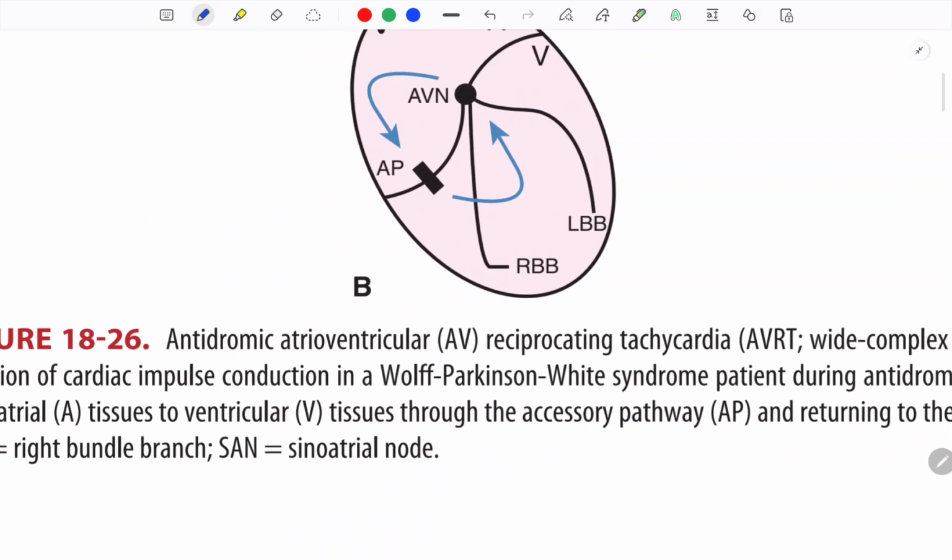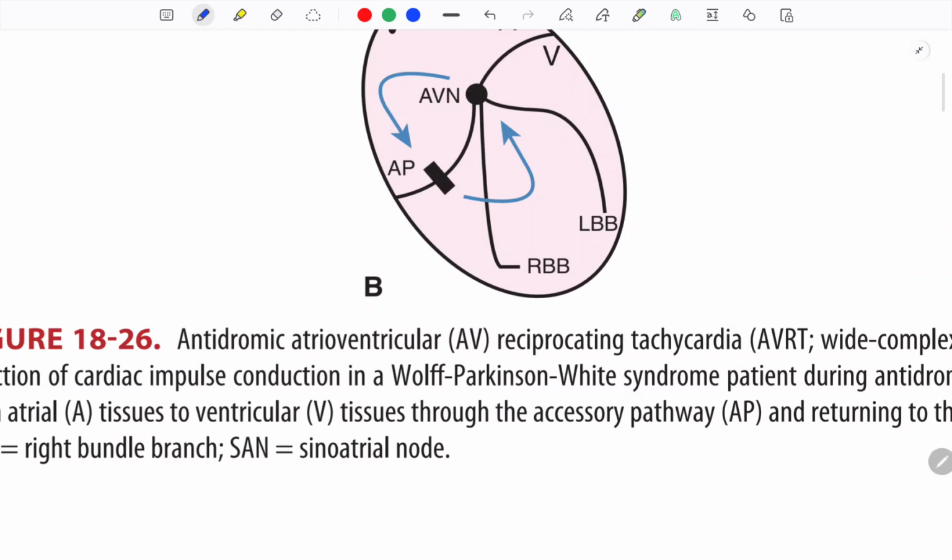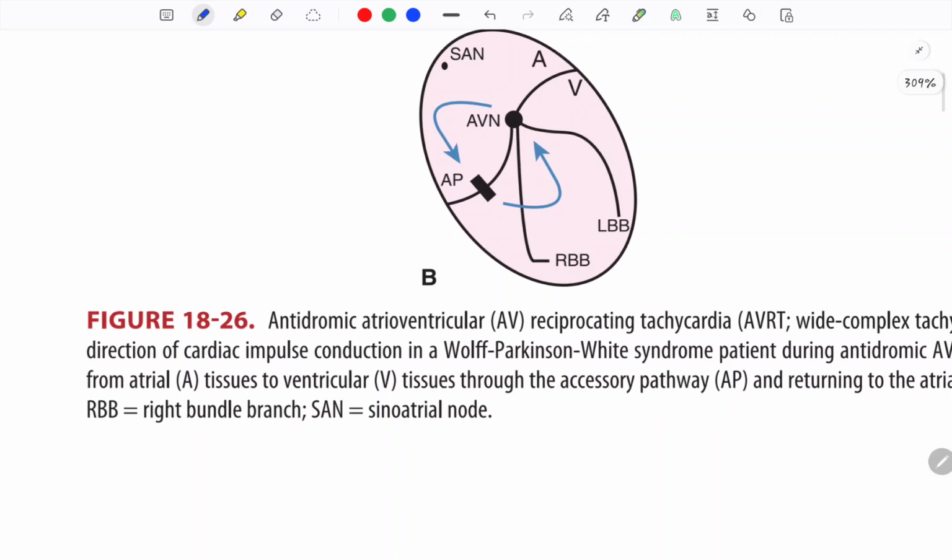While antidromic tachycardia is going away from the AV node to the accessory pathway, okay. In orthodromic, the conduction was going from the accessory pathway to the AV node like this, but in antidromic, it goes from the AV node to the accessory pathway and then again. So it is an anti-clockwise sort of wide complex tachycardia.